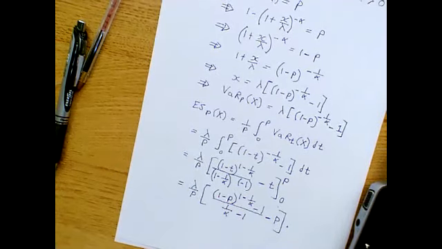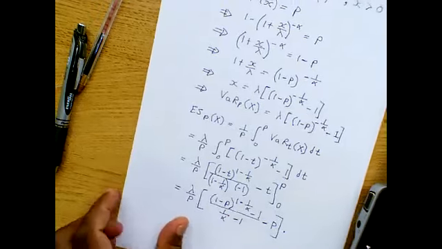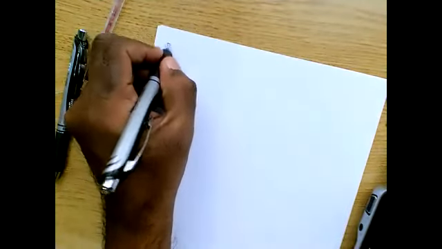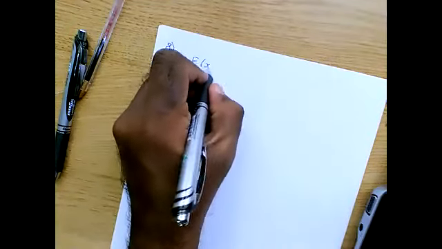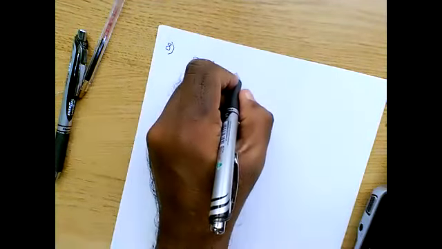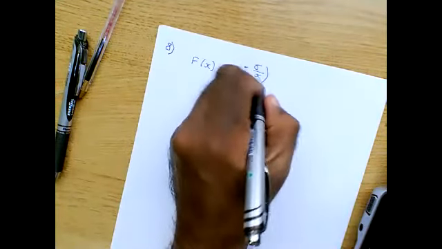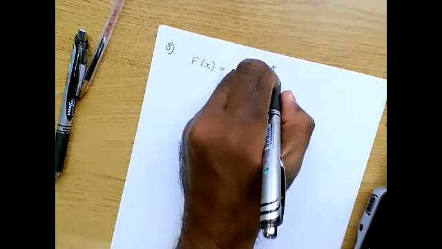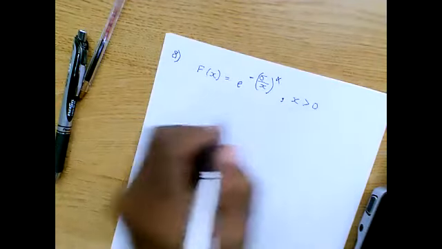All right, the next question is question 8. So if you're okay with this, let me take this away. Question 8 is the following. You have the CDF F of x equal to this, where x is positive, right?